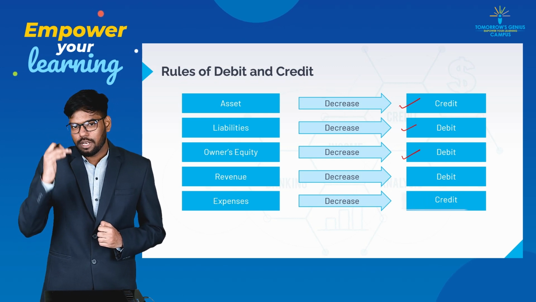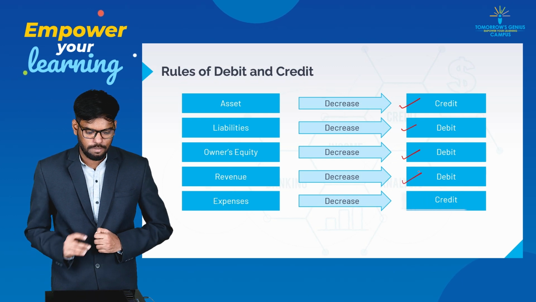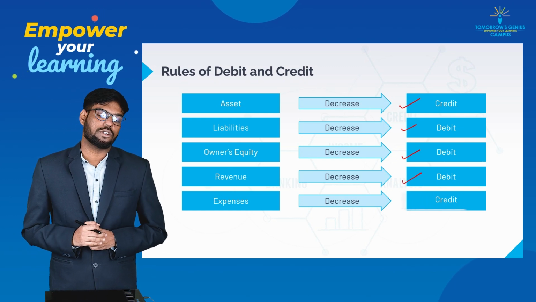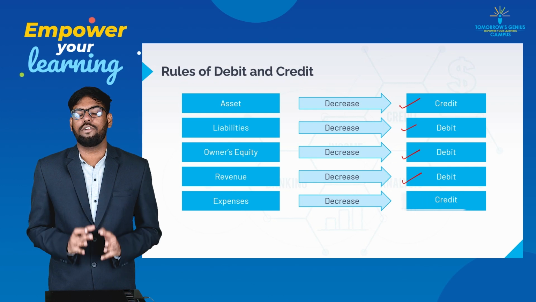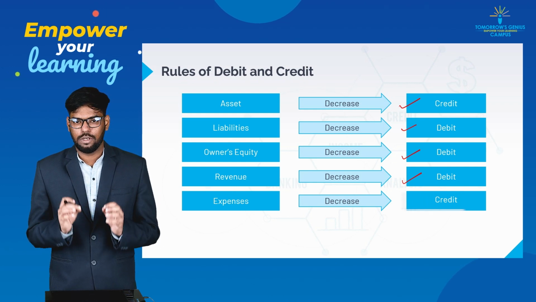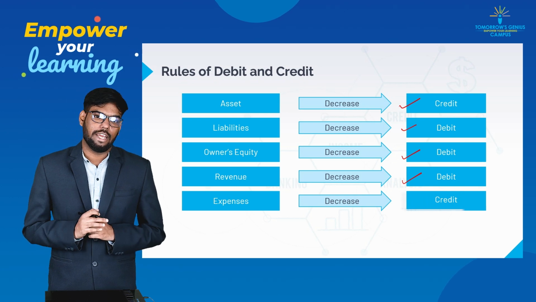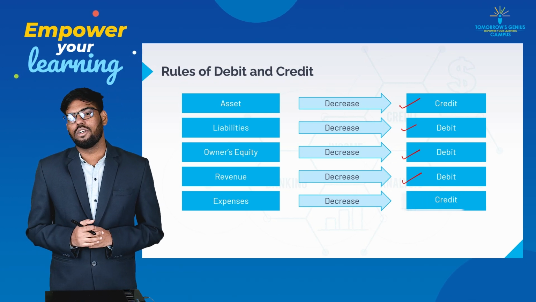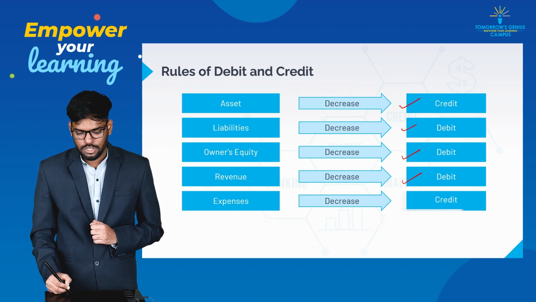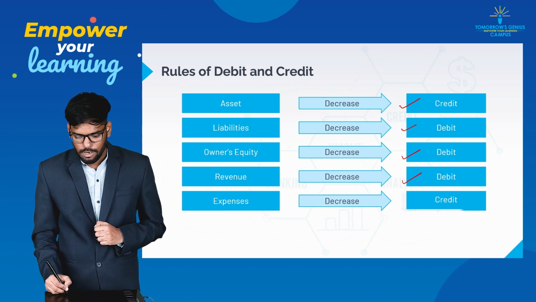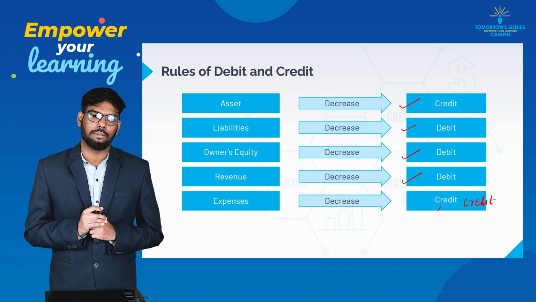And if income decreases, we debit the same, right? So what about expenses? Expenses have a debit balance. So whenever expenses increase, we debit the same. And if they decrease, we credit the same, right?